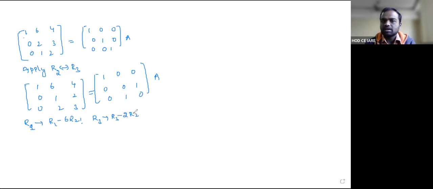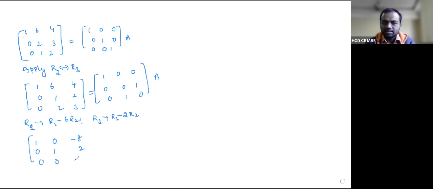So R1 changes: 1 minus 0 is 1, 6 minus 6 is 0, and 4 minus 12 is minus 8. Then 0, 1, 2. R2 no changes. R3 changes: 0, and 2 minus 2 is 0.